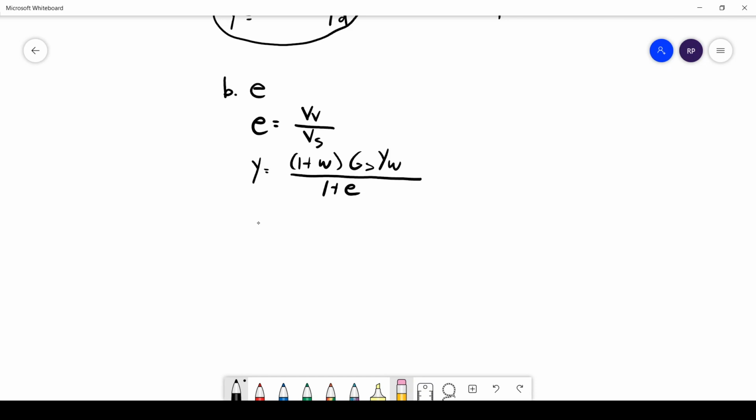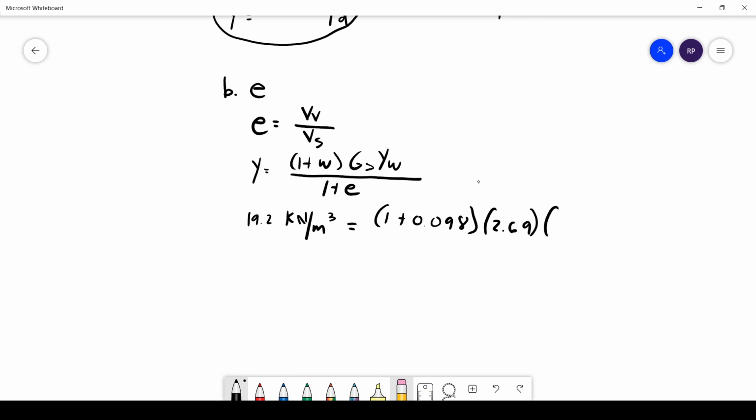Okay? So, our moist unit weight, that is 19.2 kilonewton per cubic meter. That is equal to 1 plus W. Your moisture content is 0.098. And then, specific gravity is 2.69.